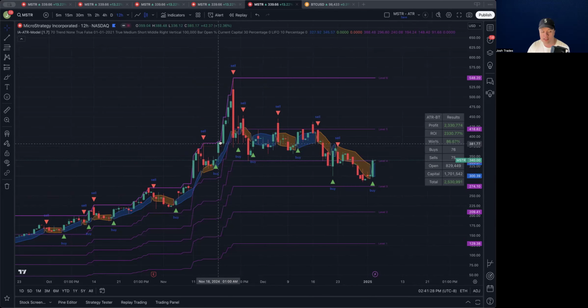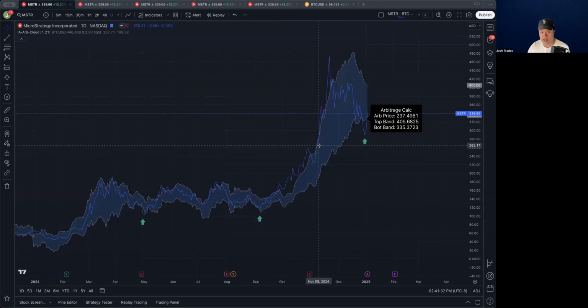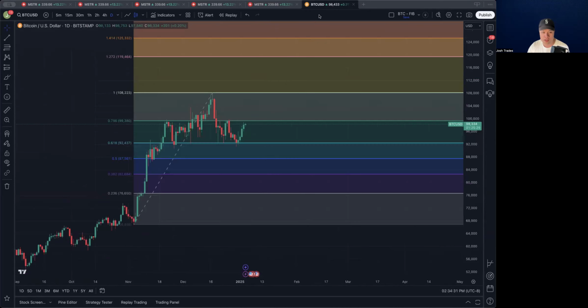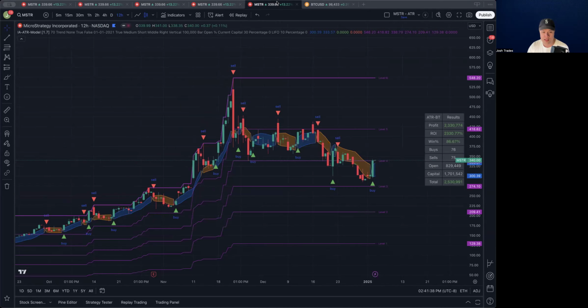So you do not want to sell your MicroStrategy just because we got outside of the ARB cloud right here. You want to actually use a combination of tools to help trade the asset so you don't end up selling your MicroStrategy to the pico top here on November 21st at $540 on the ATR model.